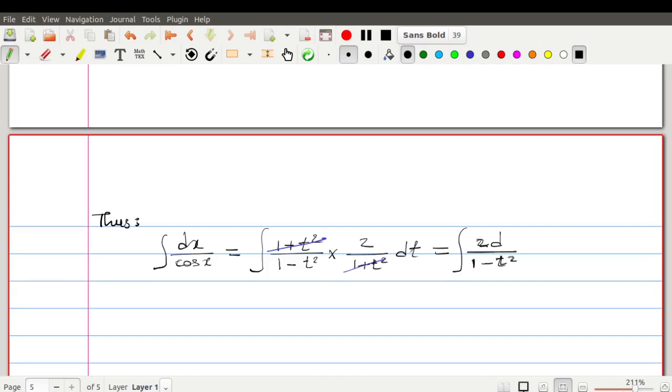Right, so we have 2 here, and partial fraction will help us because we can factor this. So we use partial fraction.